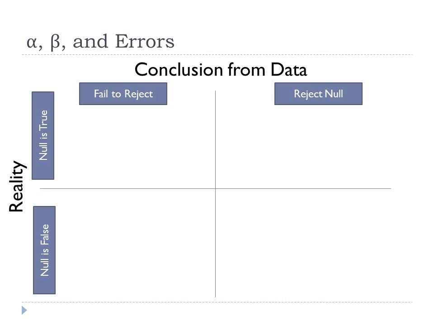So let's picture this, right? Think of power and alpha and the types of errors that you can make in this more visual way. There are two things that can be real about the world in terms of our hypothesis. The two choices are our null hypothesis can really be true, or our null hypothesis can really be false.